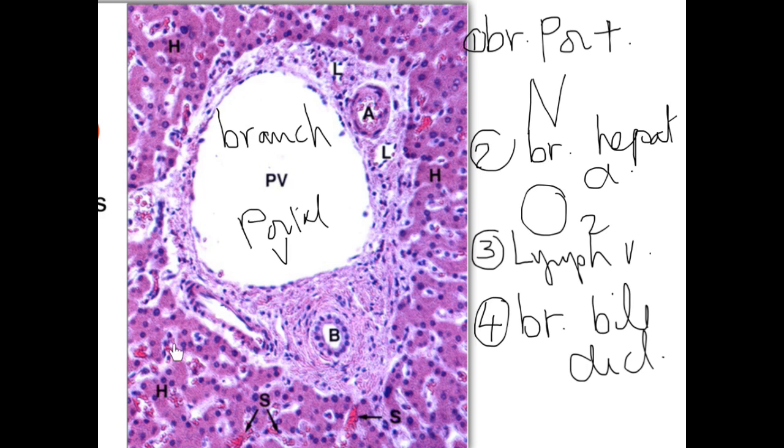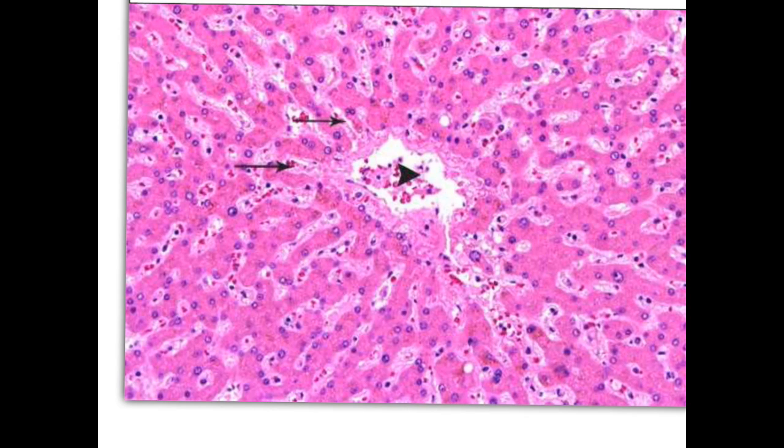All of them are blood sinusoids. What is the origin of the blood in these blood sinusoids? It is the branch of the portal vein and the branch of the hepatic arteries. These are the sources for the blood present in the blood sinusoids. This is also a very nice picture for the hepatocytes. Here we have the central vein containing the blood drained from these hepatocytes.